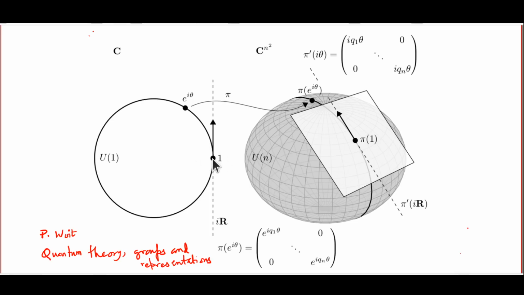And if you go away from the identity by a tiny amount, we are actually moving along the tangent. This is our tangent plane, which here is a purely imaginary axis. Remember, the deviation from 1 in e to the i theta is of course i theta to first order, and this purely imaginary axis essentially is what we call the tangent plane or the tangent surface at the identity of our group. Now the representation essentially maps a point on U1 to a point in UN.